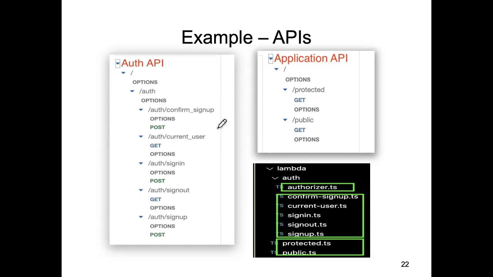It has a number of endpoints, and you can tell from the names of the endpoints what each of them is dealing with. So if we take, let's say, this one here, /auth/signup is the endpoint that will receive requests when a user wants to sign up or register for this application.